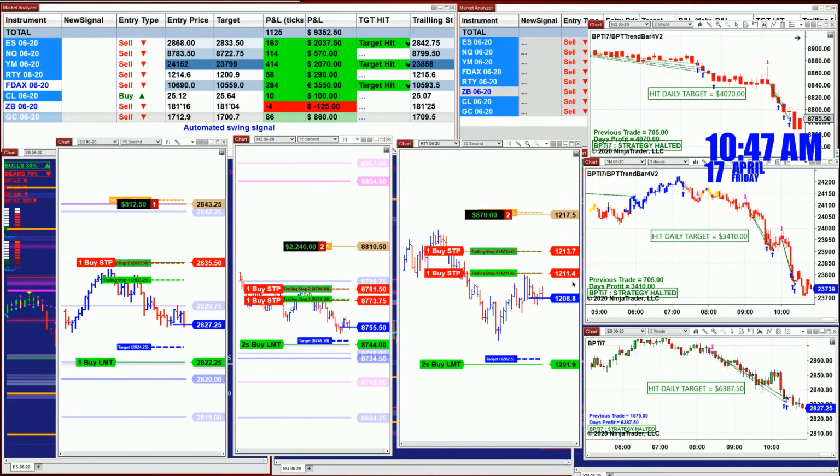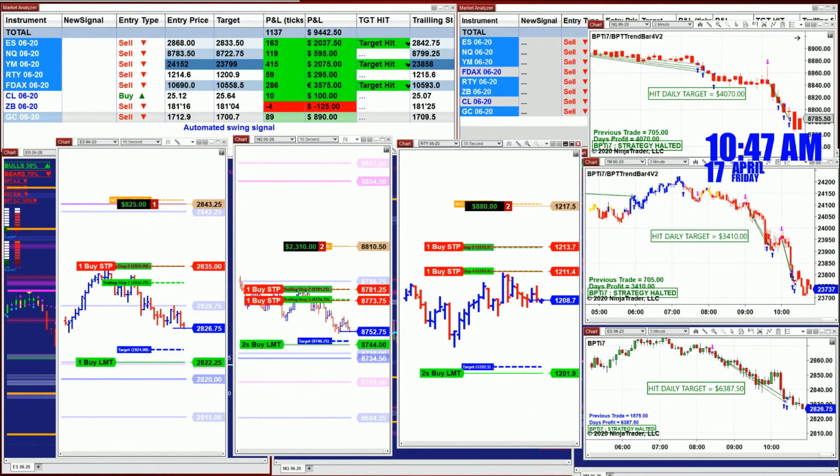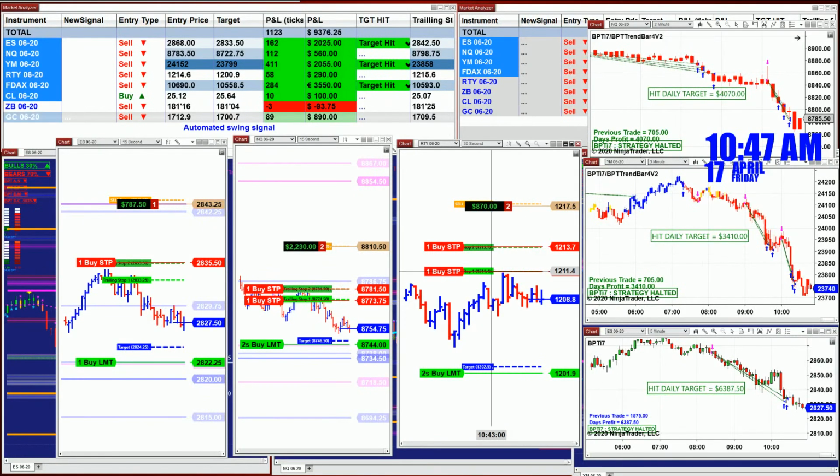You can see how the bars came in to the fib line, you know, and it came into the fib line right there, and it just gave in again.